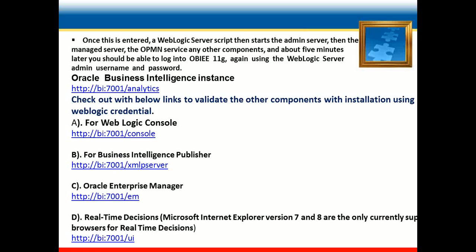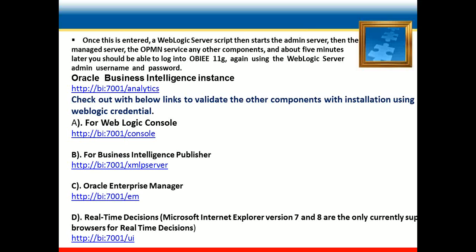Then for BI Publisher, we can check the XMLP server link URL, and we can check the Enterprise Manager link. The Enterprise Manager plays an important role as the administration role of OBIEE.